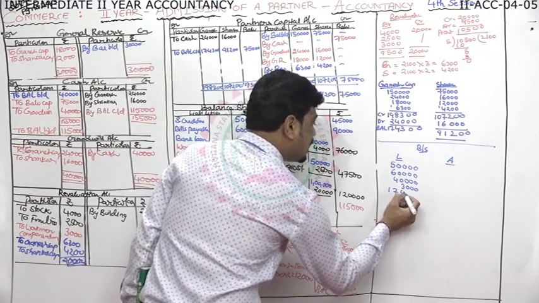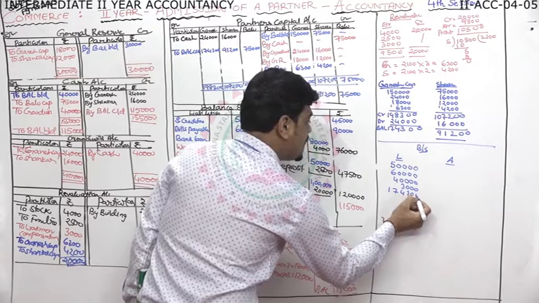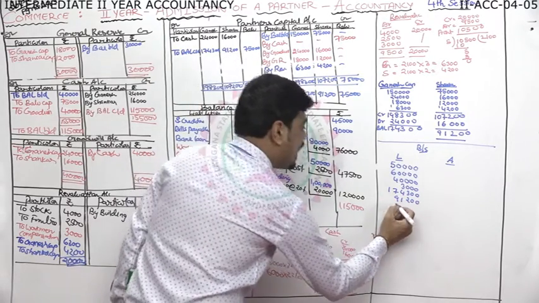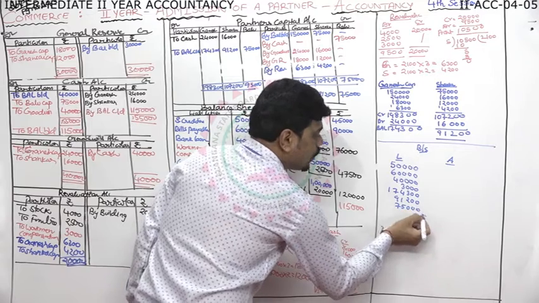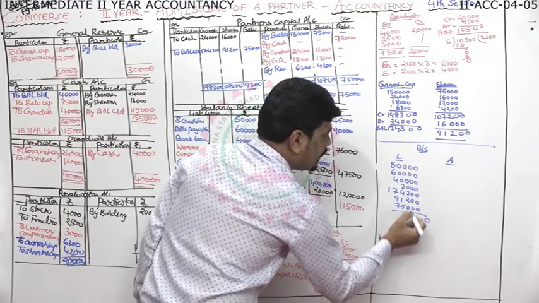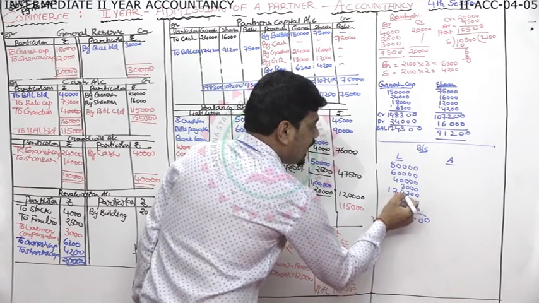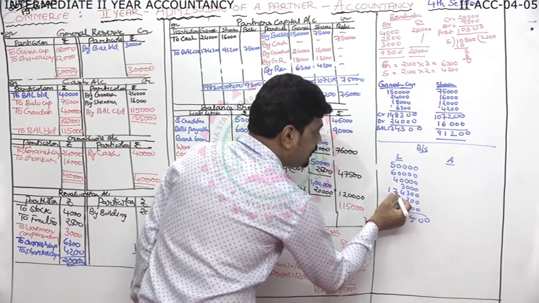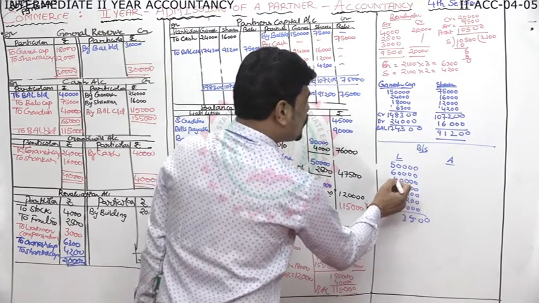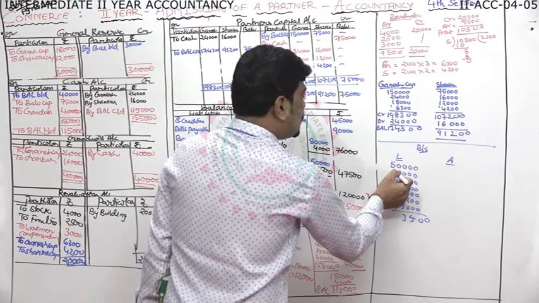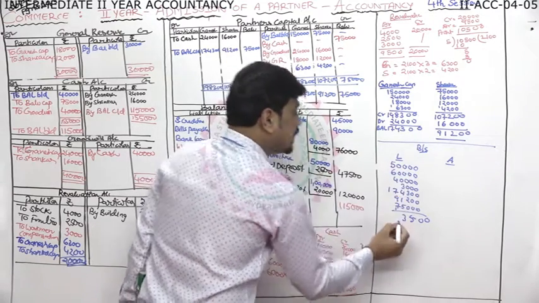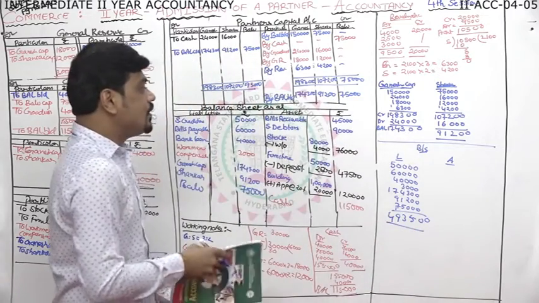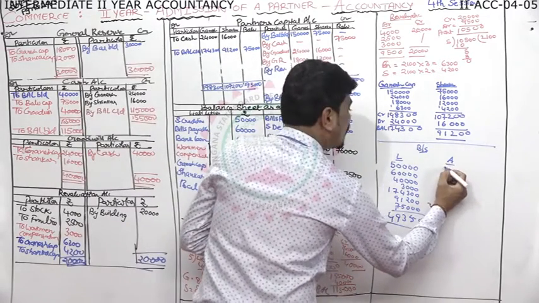Then 1,74,300, 91,200 and 75,000. The total comes to 4,93,500.